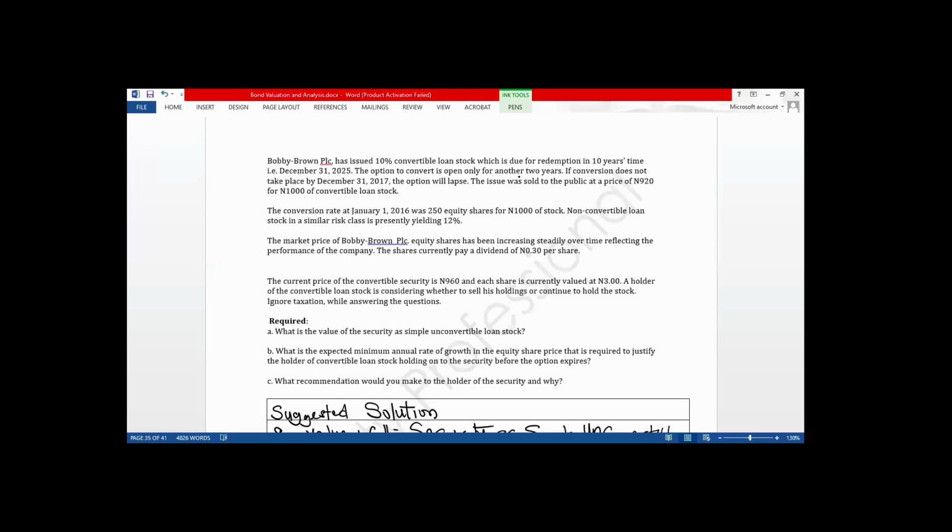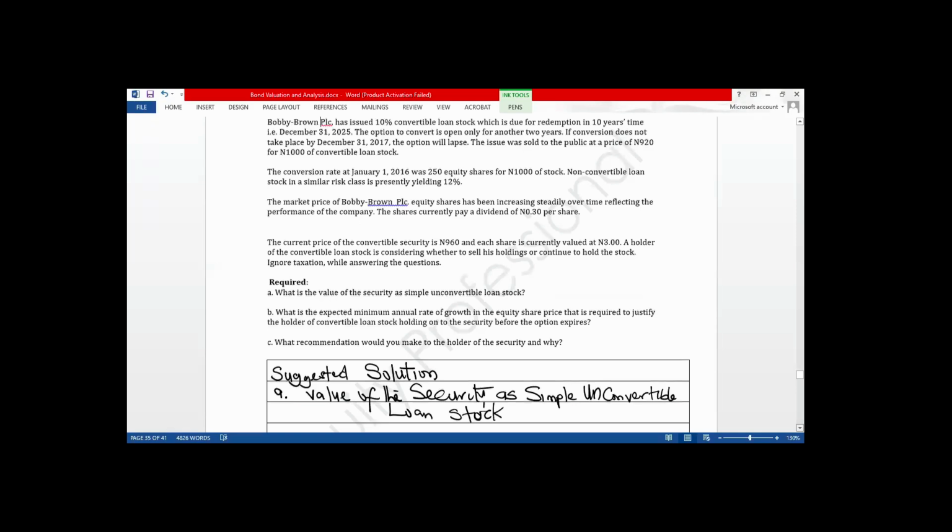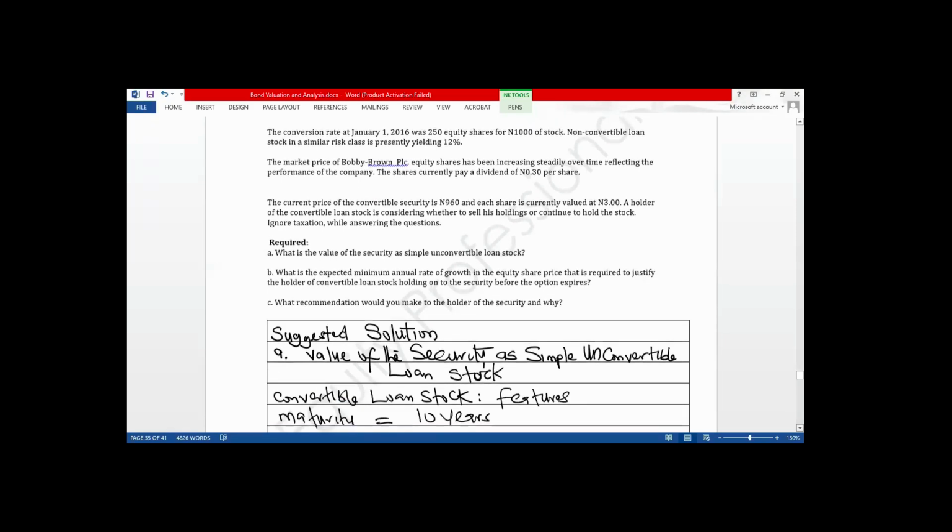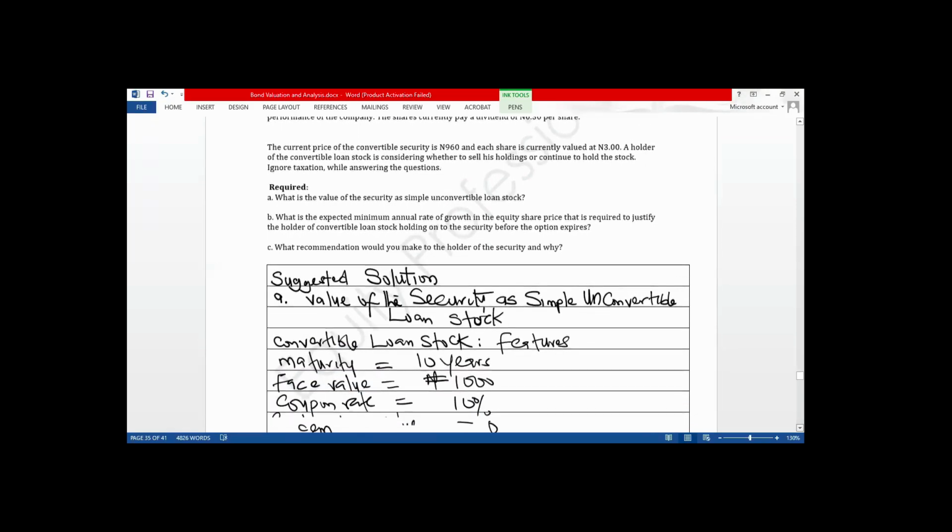After year 2, I will convert the debt to equity shares. I will now get the value of the equity shares. Now, to answer this question, we can go to that page. Solution page.